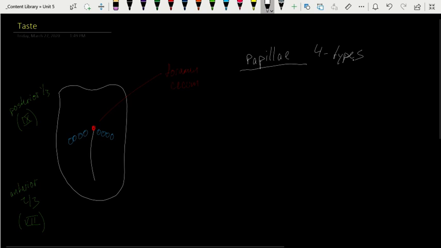The first one, I've actually drawn these in blue right here. These are called circumvallate, which essentially means to surround with a rampart or a defensive wall.